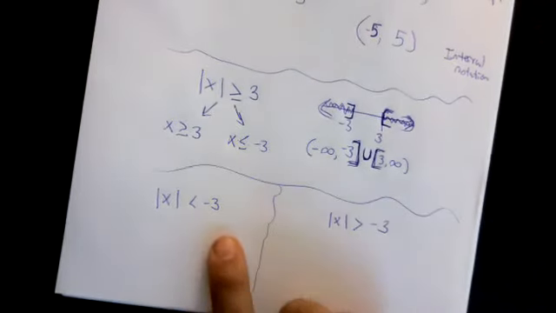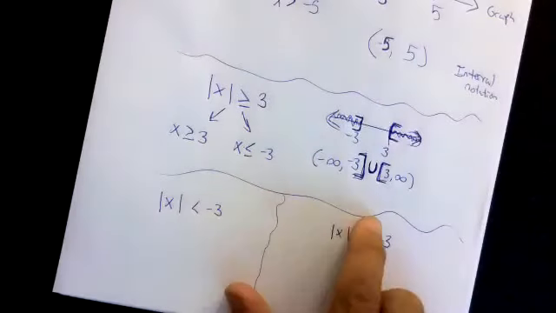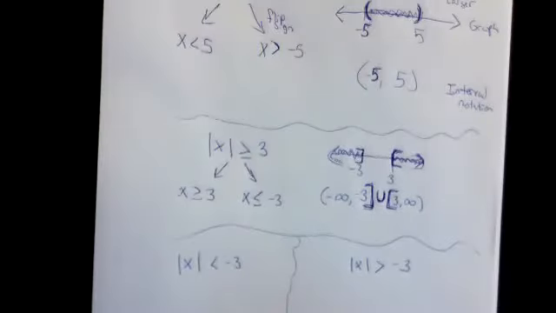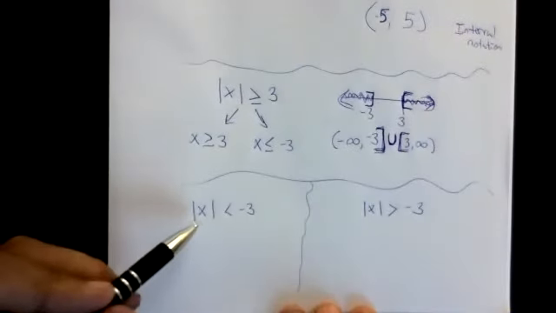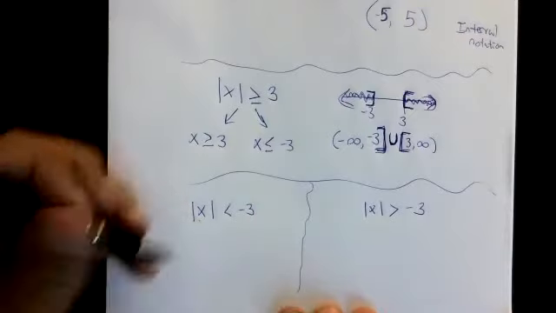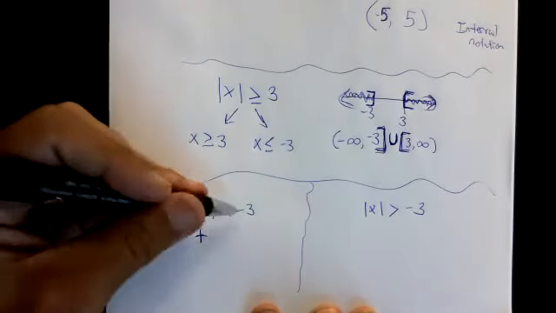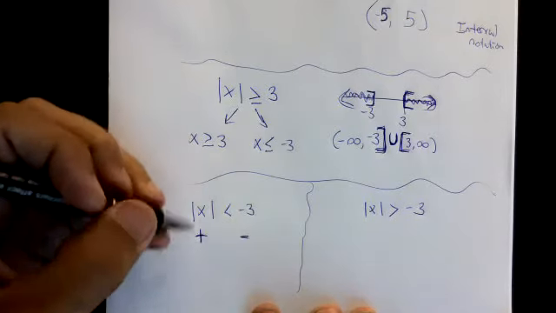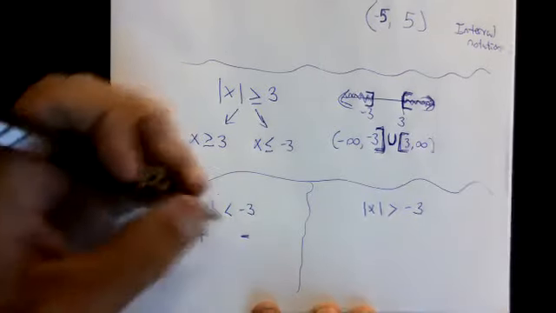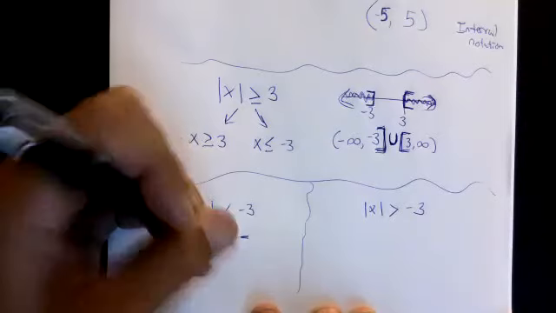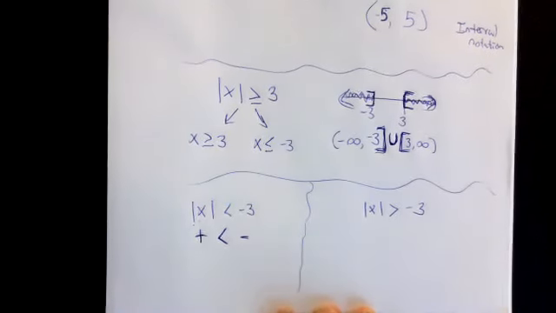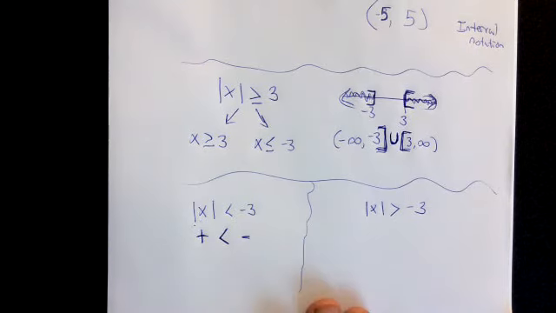Okay, two different problems. Again, I keep grabbing the same numbers just because it's easier than messing with something different. But again, concept: absolute values are always positive. Negative numbers are always negative. Can a positive number ever be less than a negative number? No. That is false.